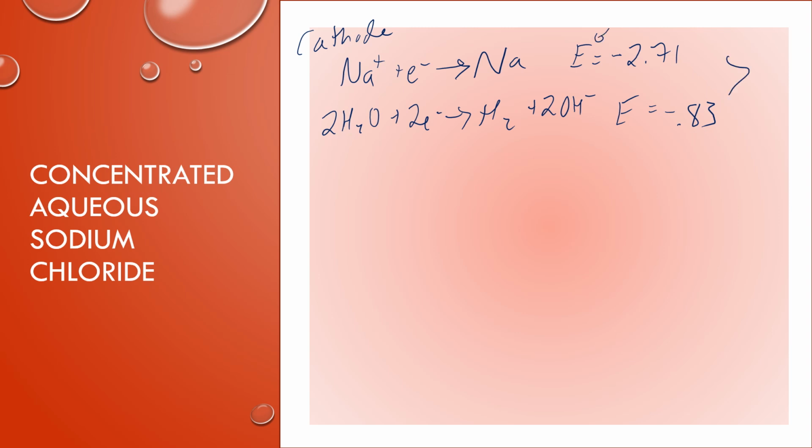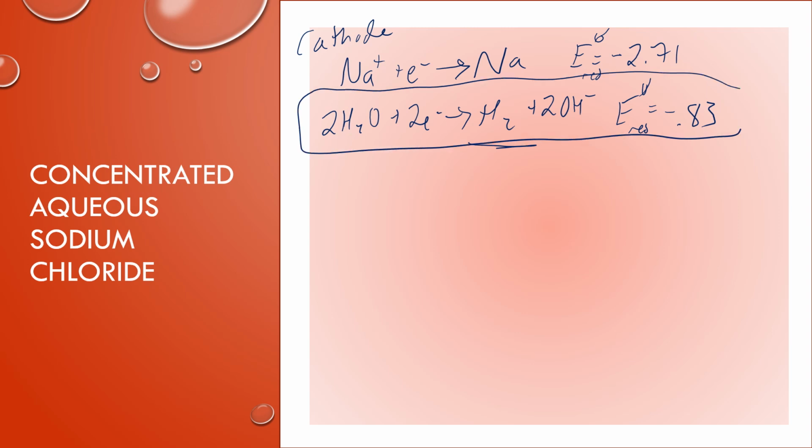And these are standard reduction potentials. The water is much more favorable to gain the electrons, like significantly more favorable, because it has a much more positive reduction potential. So at the cathode, it's going to be preferred that hydrogen gas is produced and the water is being split. So this is our half reaction.